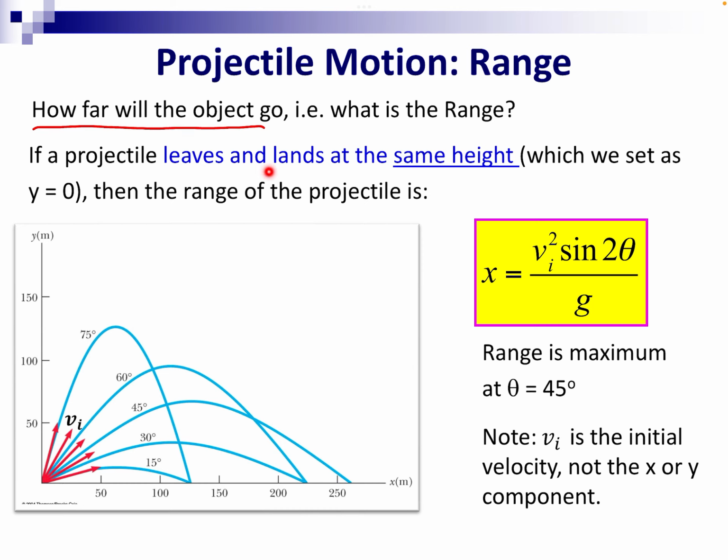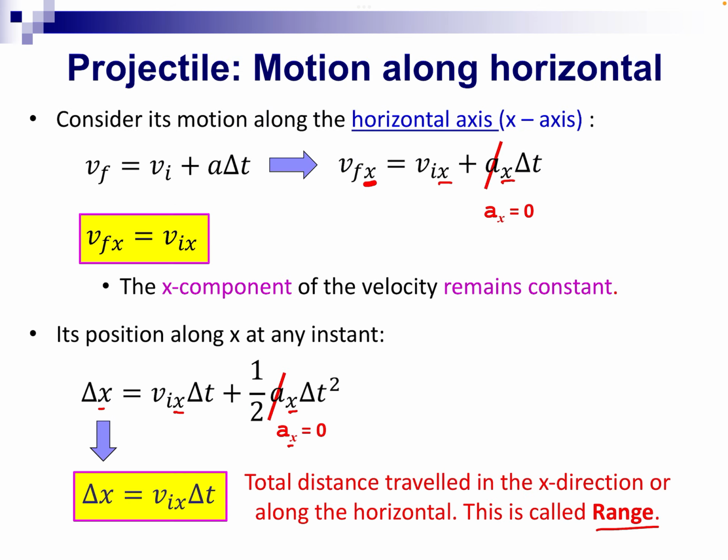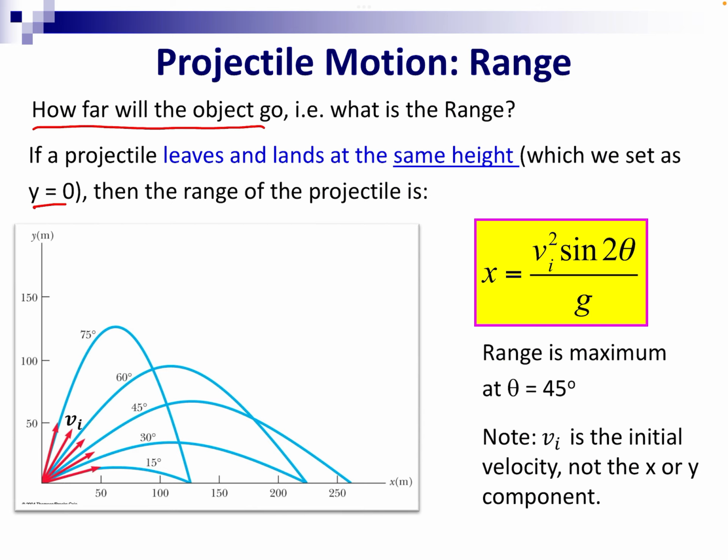If the projectile leaves and lands at the same height, which we set as y equals 0 meters, then the range of the projectile can be calculated by this equation here, where vi is the initial velocity and the angle is the angle of launch, the angle theta for which the object was thrown relative to the horizontal axis.